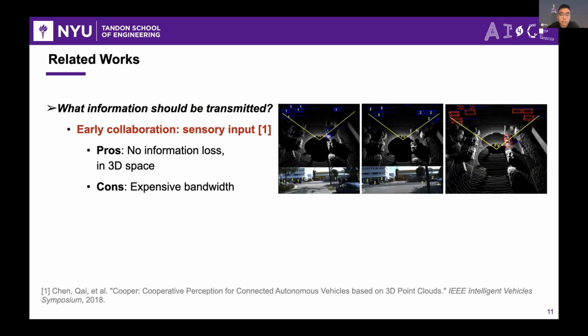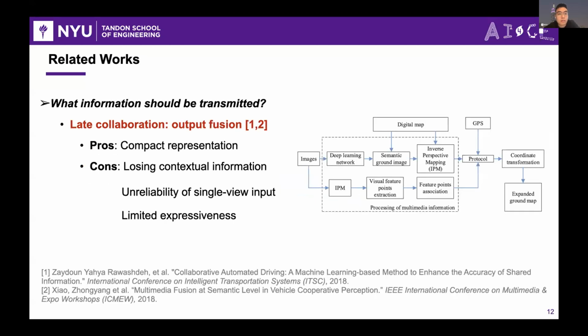In this work, they just aggregate all the raw point cloud data in Euclidean space. This kind of method has no information loss, but the bandwidth is expensive. Some works propose late collaboration, which means that it just fuses the output of each agent. However, the fusion of results from each single agent is not reliable and cannot result in a robust model.